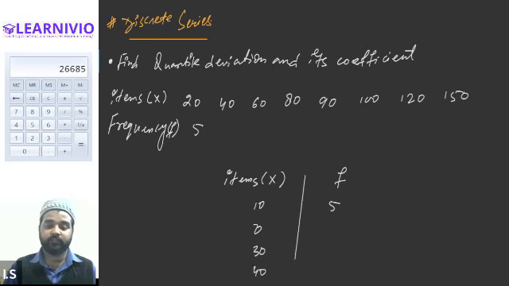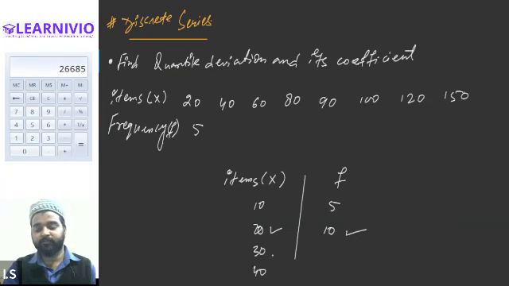This will indicate that 10 is repeating 5 times in a series. And if 20 is repeating, let's say, 10 times, I don't want to write 20 ten times. I can simply write 20 here, and in front of 20 I can write its frequency.